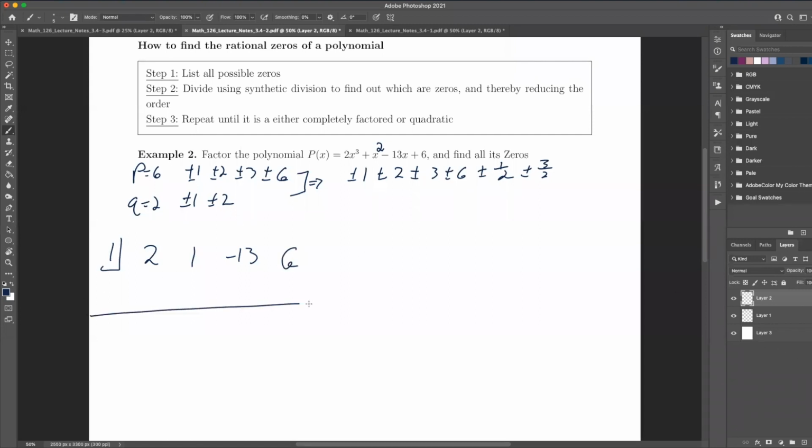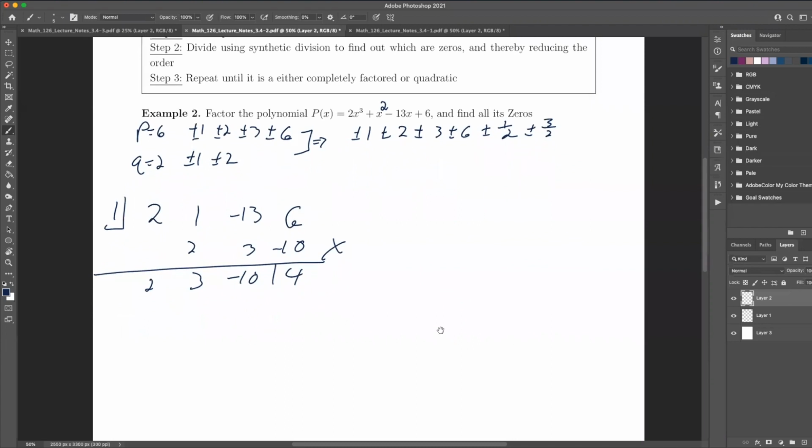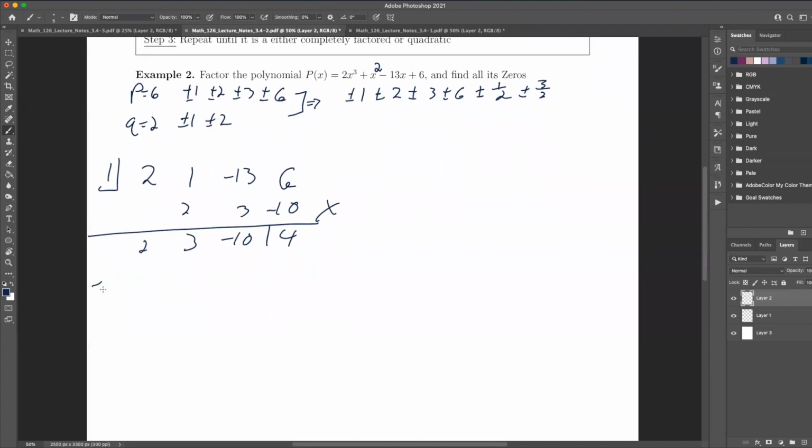All right, if I do 1, I'll just go ahead and synthetically divide it. So it's 2, 3, minus 10, and 4. Okay, so this isn't it, right? 1's not a factor, so I don't have to worry about 1. Let's try minus 1.